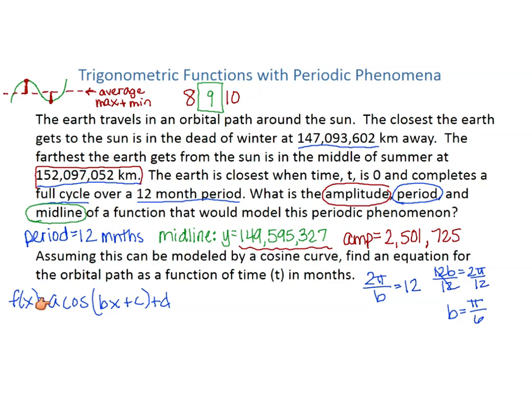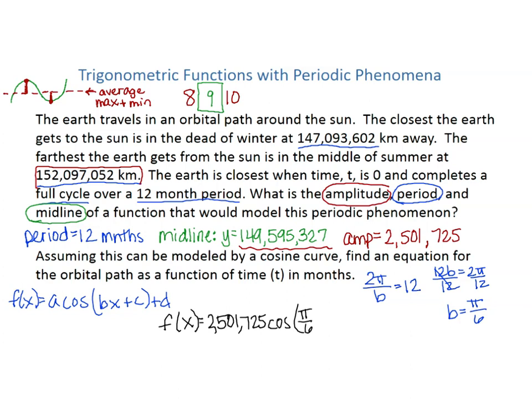So now I know what I have to fill in here, what I have to fill in here, and what I have to fill in here. So now it's just a matter of filling all that stuff in. So my equation would be f of x equals, I have to fill in a. So a is 2,501,725, and then cosine.